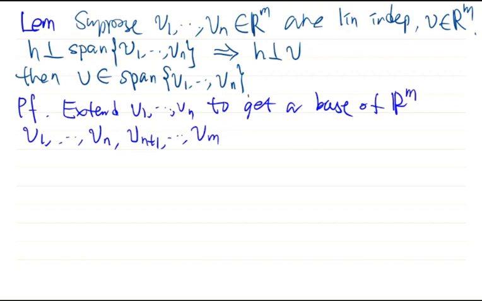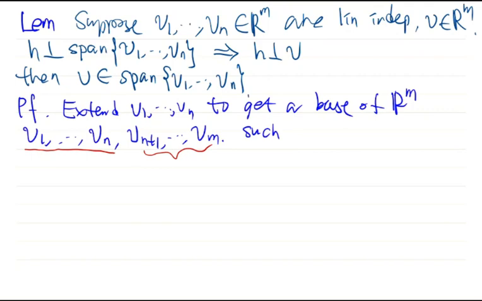And we can also assume this basis has further properties. The first n vectors are given; we could not assume anything about them. But for the later m minus n vectors, which we add into this group of vectors v1, ..., vn to form a basis, we can choose vn+1, ..., vm suitably so that they are orthogonal.